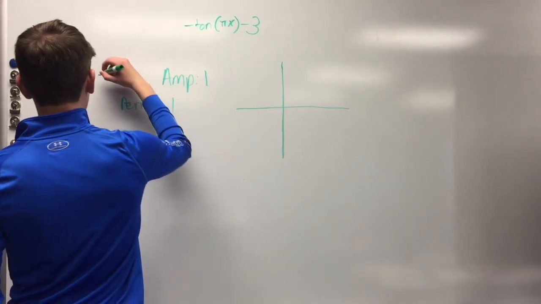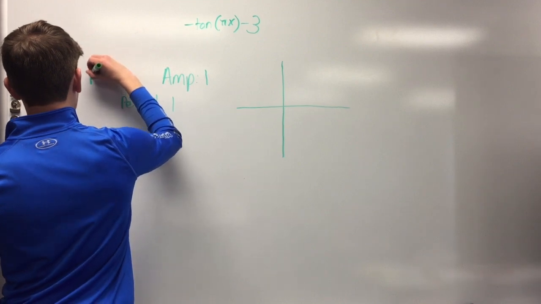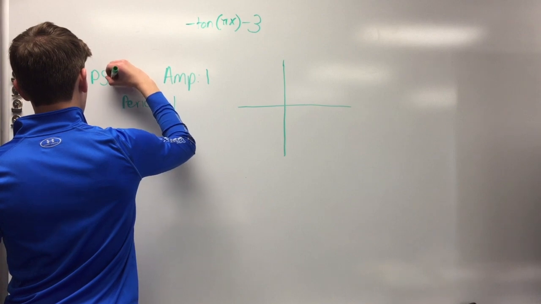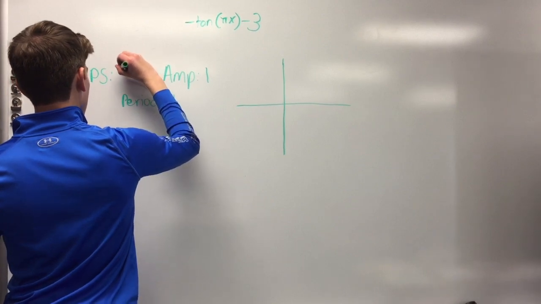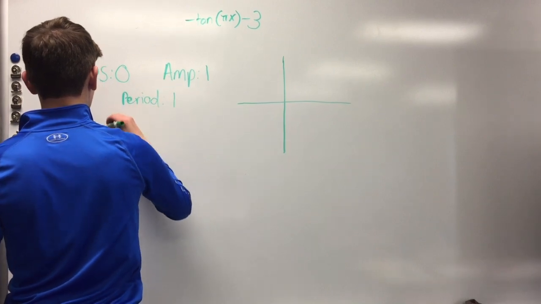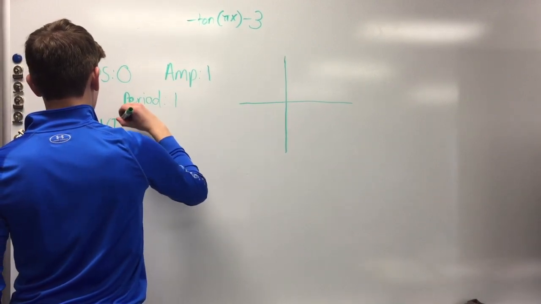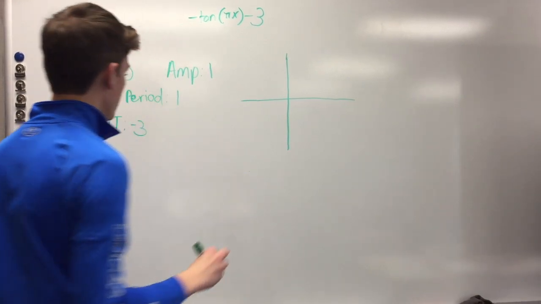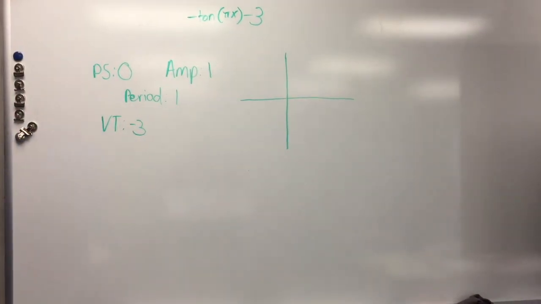Phase shift, using the equation c over b, having no c, so 0, the phase shift is 0, meaning the graph will not move right or left from the origin. Vertical shift is just d, and the d of our equation is negative 3, meaning a vertical shift of 3 units down.